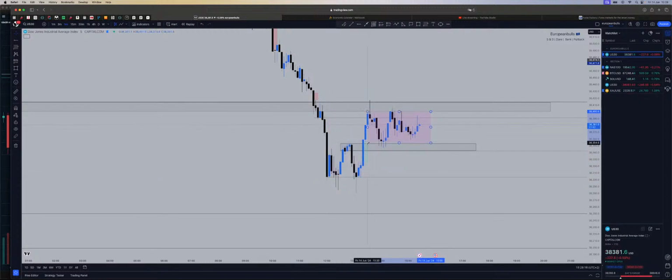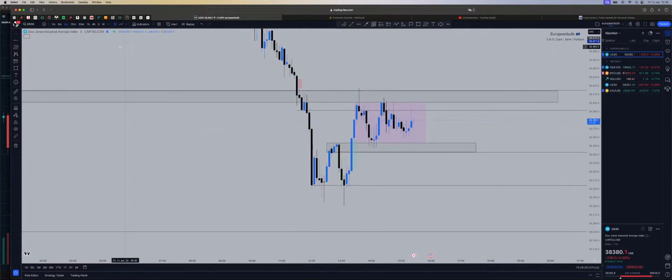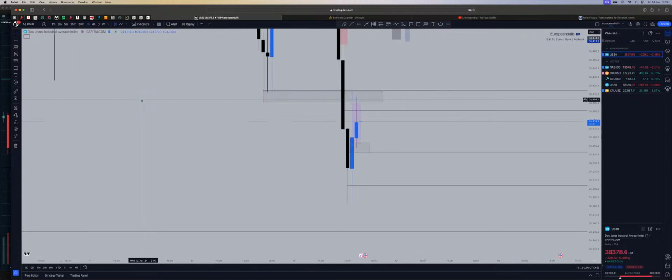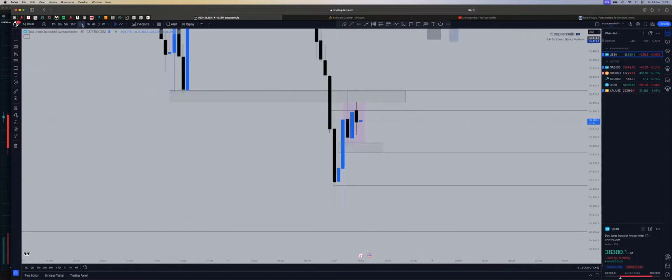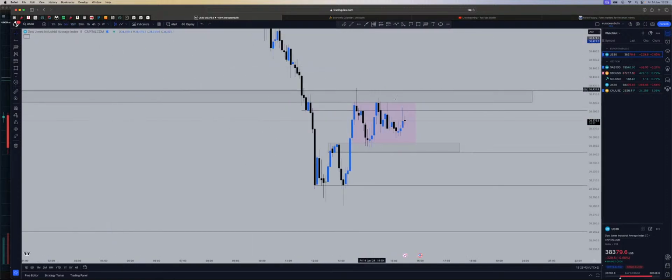All right, so let's see what the price is going to do. Again, we'll look at the bigger time frames. 1 hour looks good, though right now it looks indecisive. In 30 minutes it's still okay. The price is trying to hold above this area. 15 minutes still good. 5 minutes still okay.